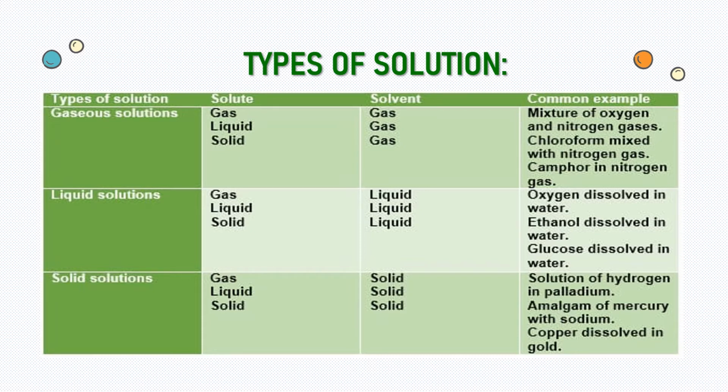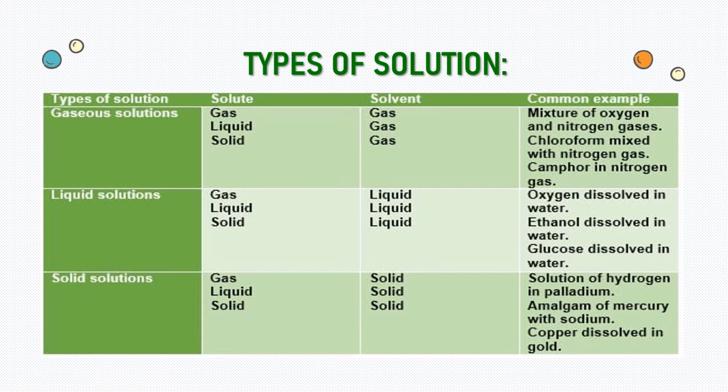That means the solvent should be in the gaseous phase, but the solute can be in any state, that is solid, liquid or gas. So if the solute is gas and the solvent is also gas, for example a mixture of oxygen and nitrogen gases, or air, it is also a mixture of gases.